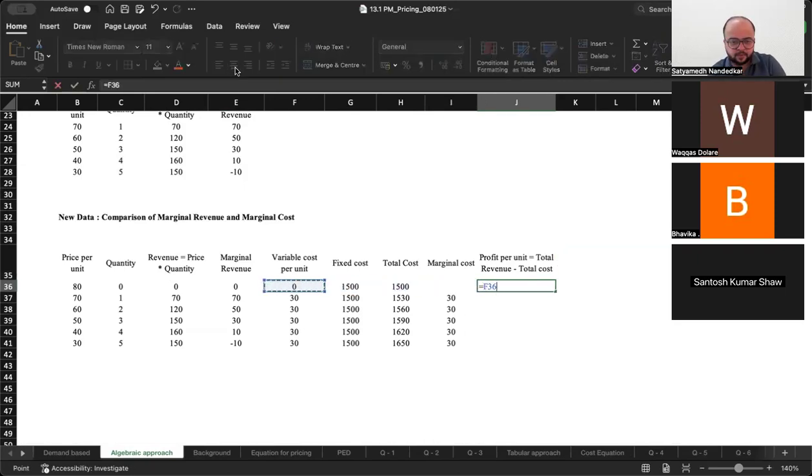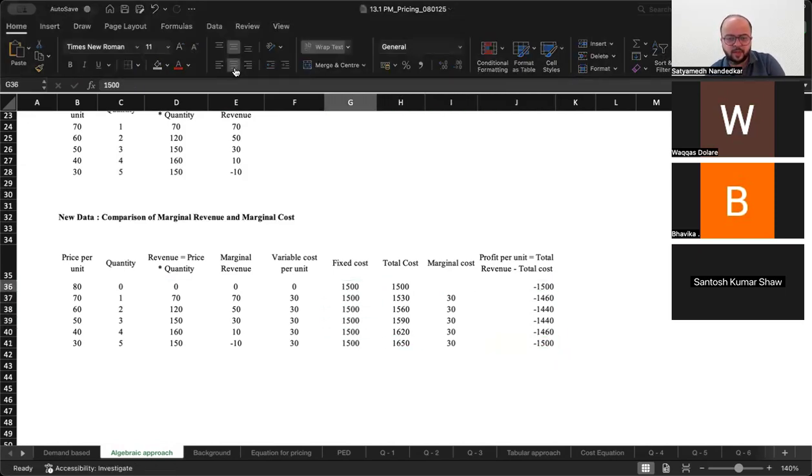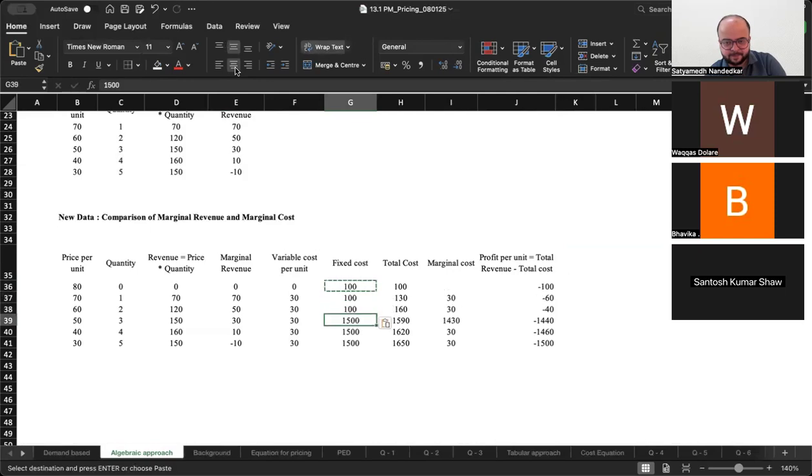Total revenue minus total cost. Let's reduce the fixed cost a little, it has become too much. We need to reduce it further. And you see now, fixed cost has an impact on profit.